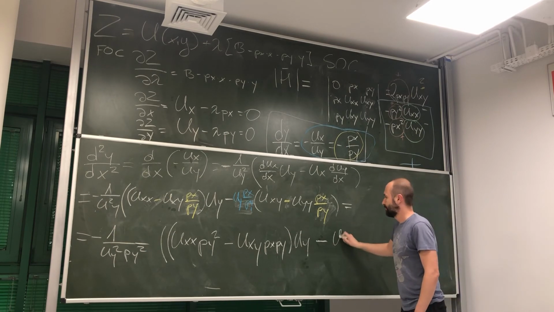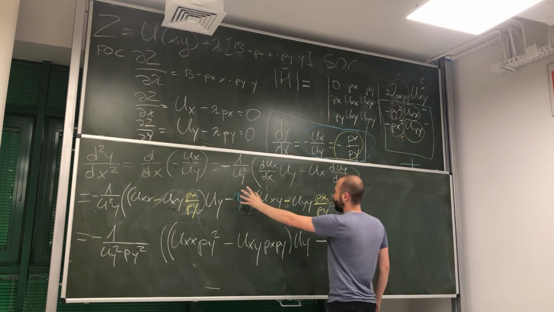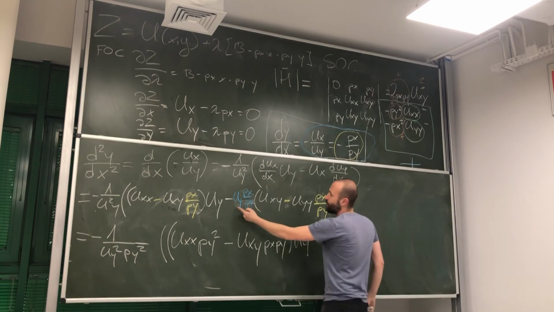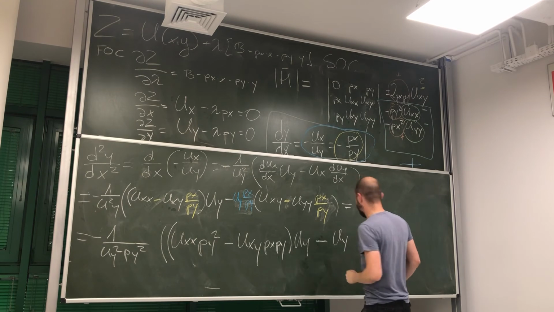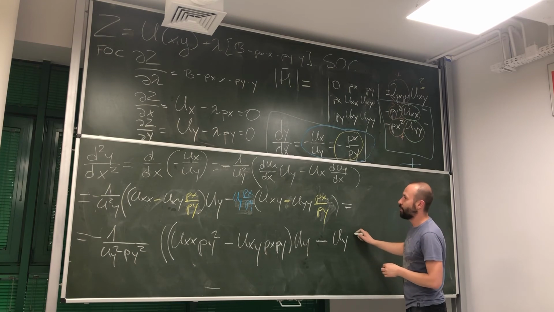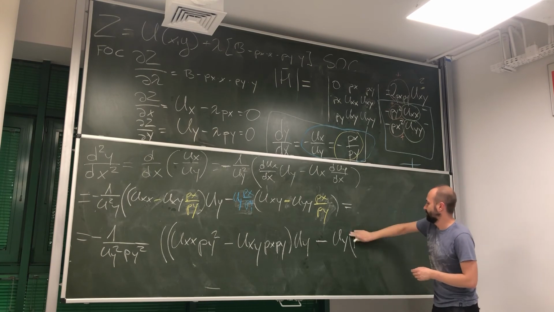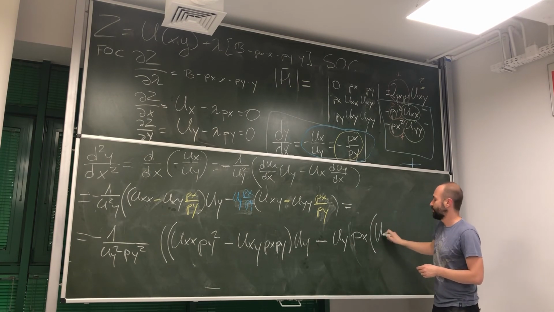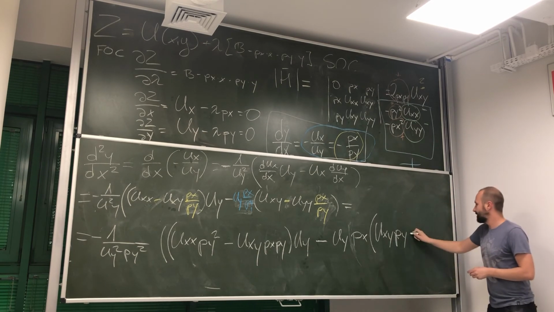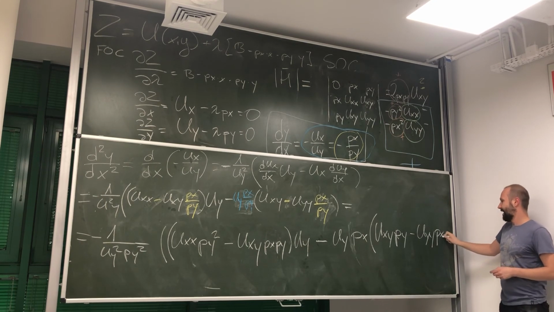Minus uy, and now we are introducing here this y, multiplying everything by y squared, so we get negative uy px times uxy py minus uyy px.